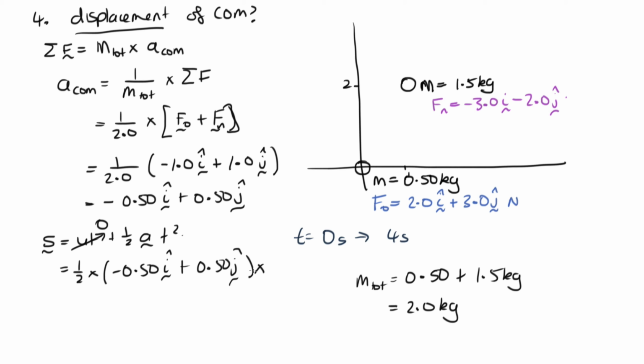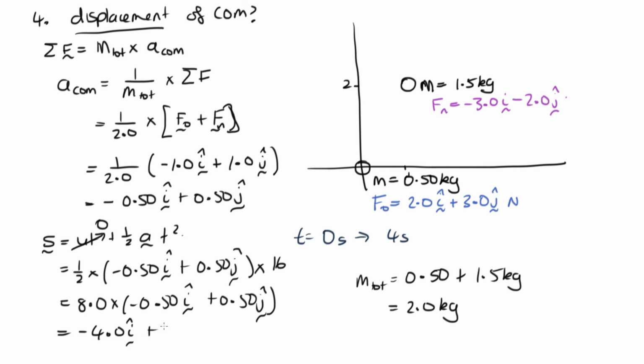And t is 4 seconds, so this is 16. So we've got 8 times minus 0.50i plus 0.50j, and so this is equal to minus 4.0i plus 4.0j.